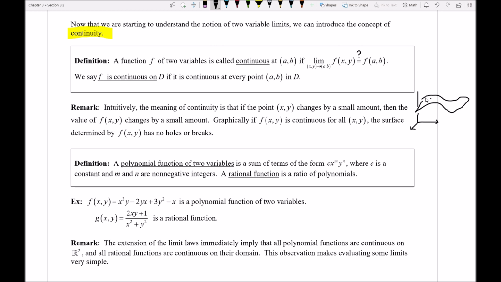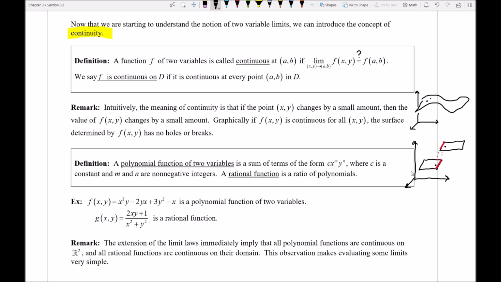This is different than a type of surface where there was a break or a gap. Imagine a surface that has a jump to it, maybe something like this where I have two planes, but one stops right here and another picks up at the same spot just a little bit higher up. Now notice that if I pick a point over here and nudge it a little bit to the right, it's going to jump up drastically, really quickly.